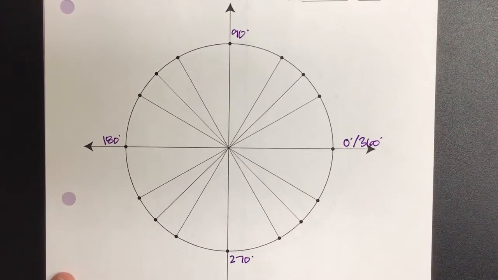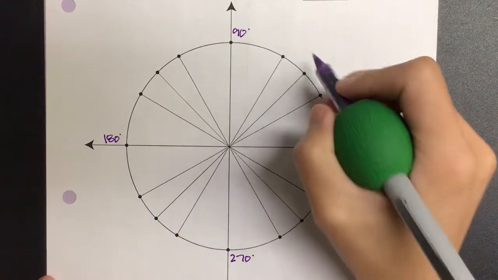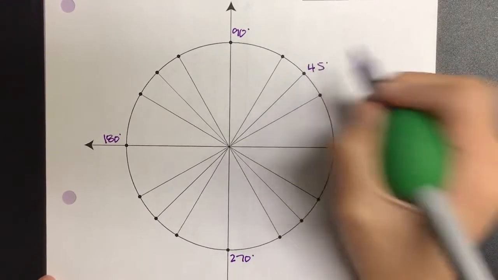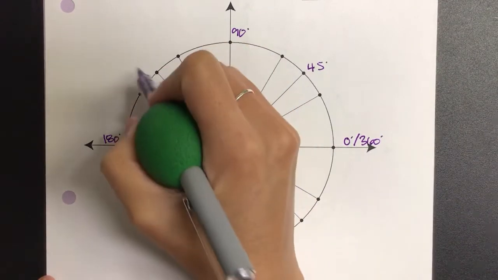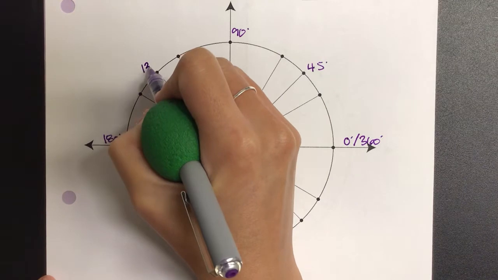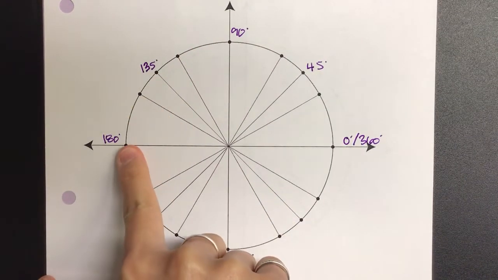So I'm going to start by counting by 45s. When I count by 45s, that's exactly in the midpoint between 0 and 90. So that's 45 right here. So I have 45, 90. If I add another 45, that's 135. And if I add 45, we get to 180, correct?